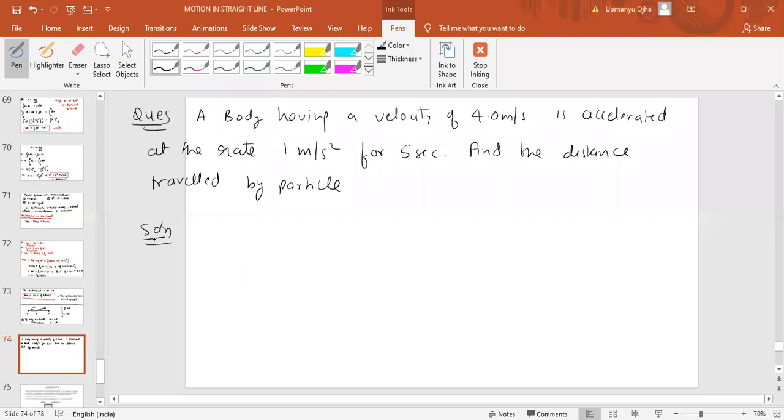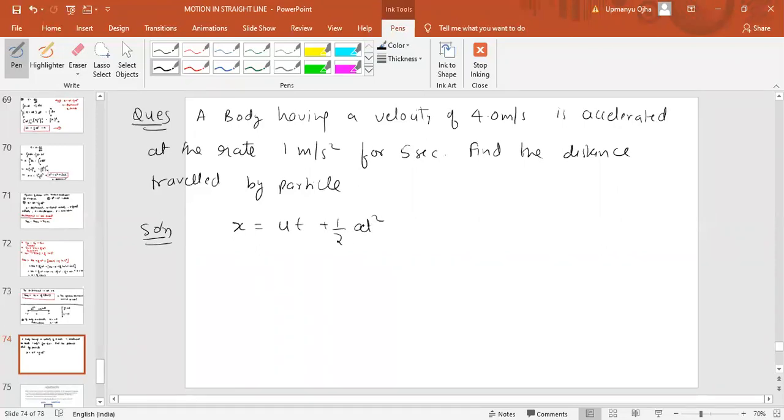Which equation should we use to get the distance traveled? Second equation, very good. So the second equation is x equal to ut plus half at square.